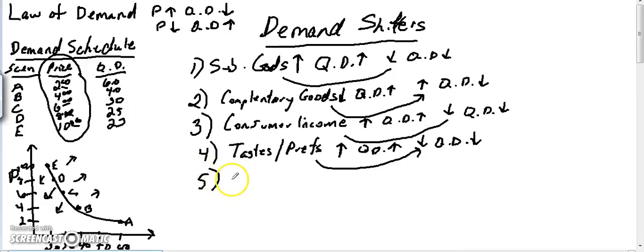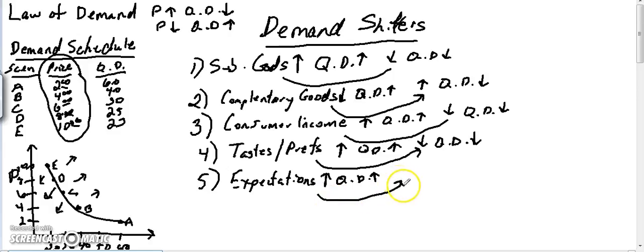A fifth demand shifter mentioned in the textbook is expectations. And smart shoppers do this all the time. If I know that the price of digital songs is about to increase on the internet, they're going to be taxed more, they're just going to start bumping the prices up, then right now I'm going to buy more before the price goes up so that I can get my money's worth now.